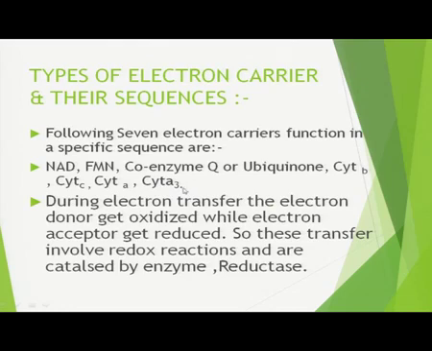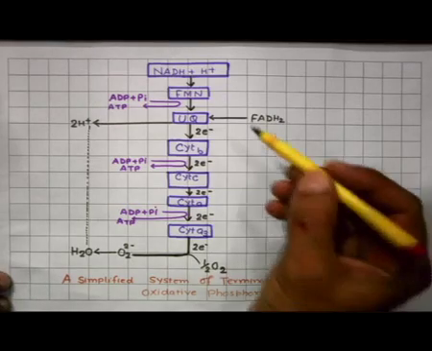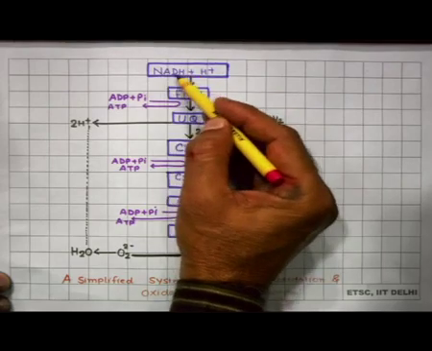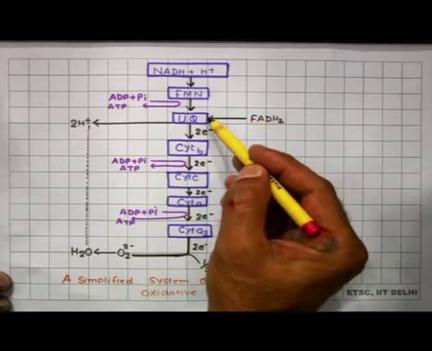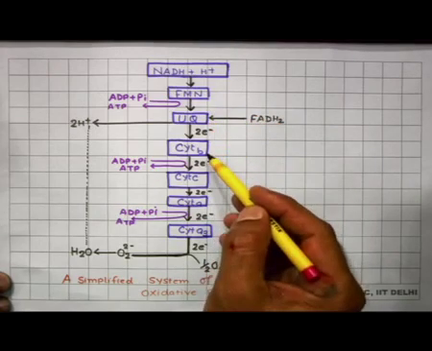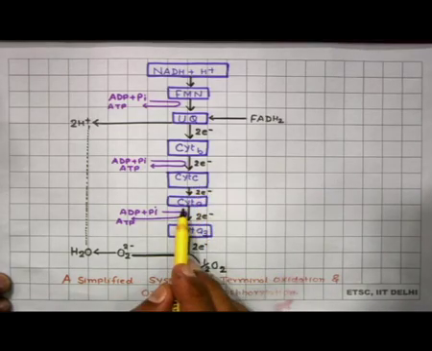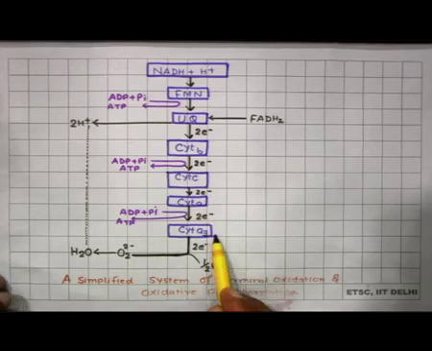So, we can write it in a simpler form. Here is NAD, that forms NADH plus H plus, here is FMN, here is ubiquinone UQ, here is cytochrome B and here is cytochrome C, here is cytochrome A and cytochrome A3.